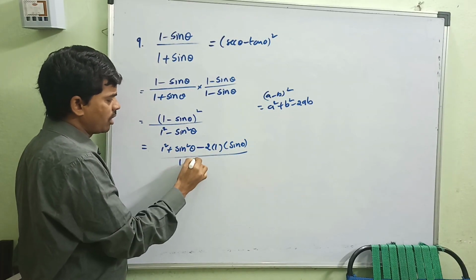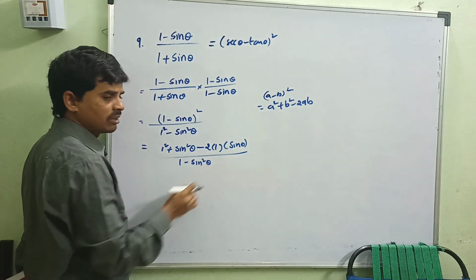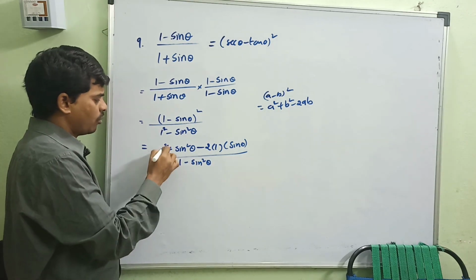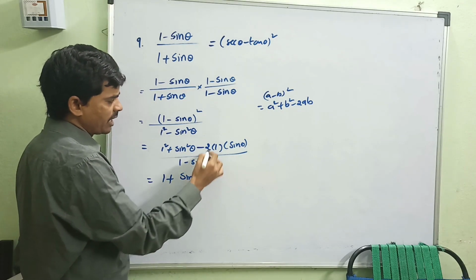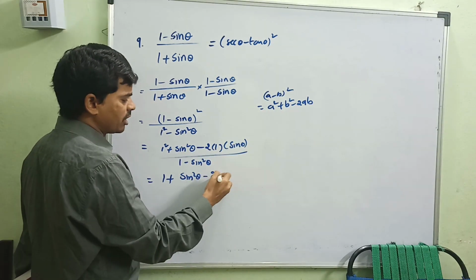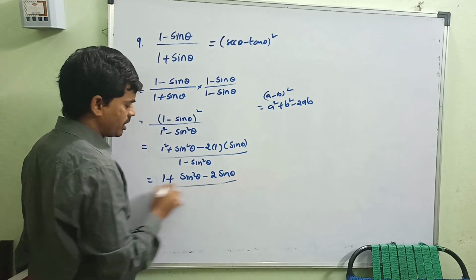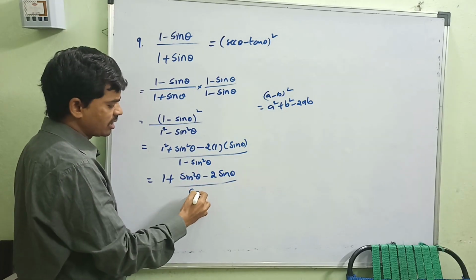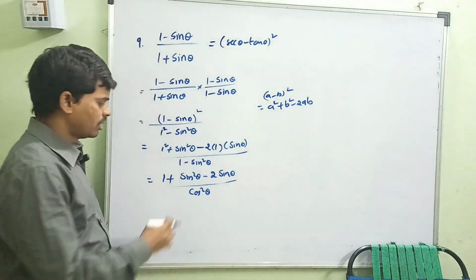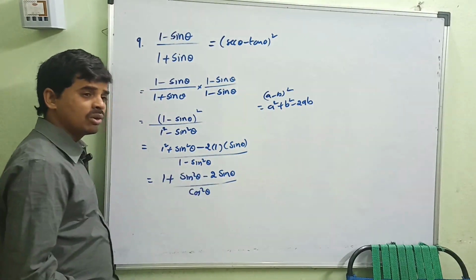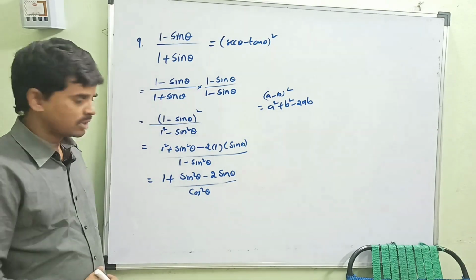1 square value is 1, so 1 minus sin square theta. In the numerator, 1 square is 1, plus sin square theta, minus 2 into 1 into sin theta, that is 2 sin theta, by 1 minus sin square theta, which is equal to cos square theta. 1 minus sin square is cos square.